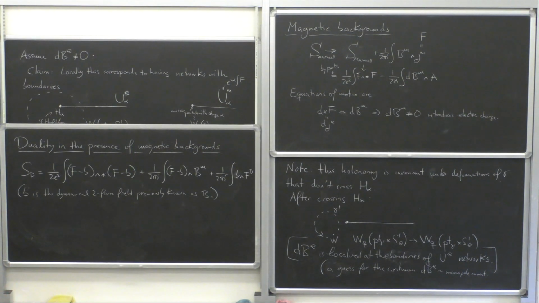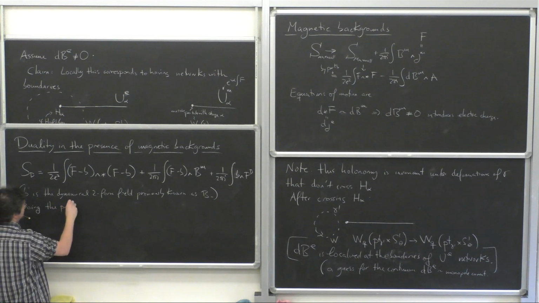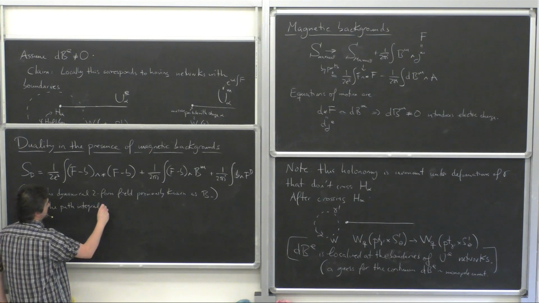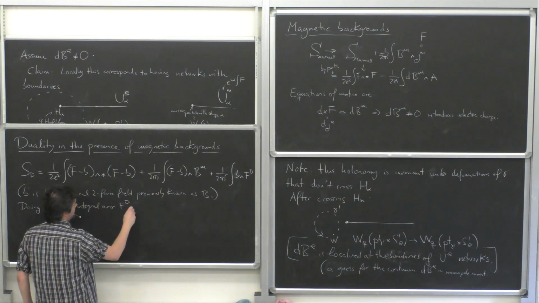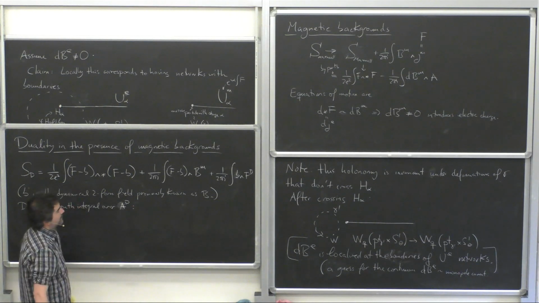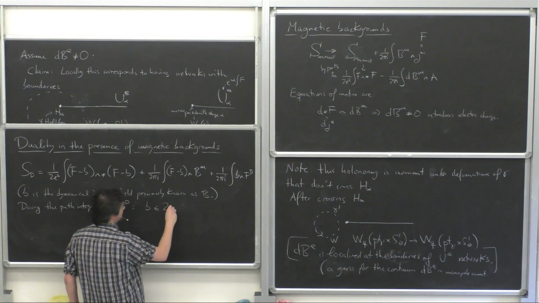Okay. So first, let me prove that this is the insertion of a magnetic background in Maxwell theory. So doing the path integral over A D, say, I get that, as before, B is pure gauge.